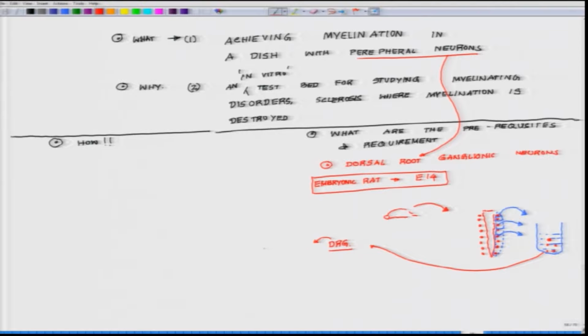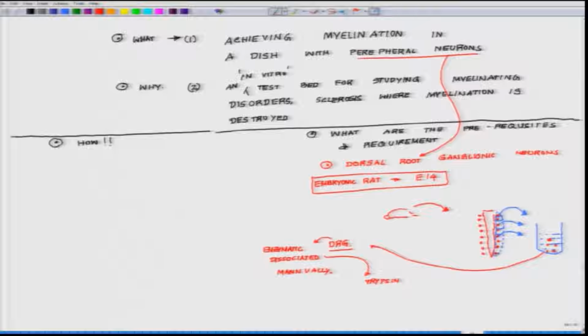You can do an enzymatic dissociation by using trypsin, or if you are really good you can do it manually also, but you have to be really careful while doing it manually. Most of the enzymatic dissociations are done with trypsin. You can try out papain, but it is worth trying out trypsin.